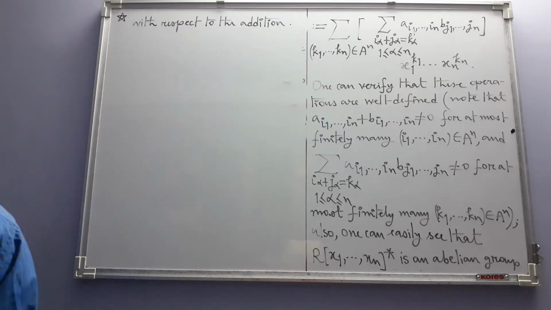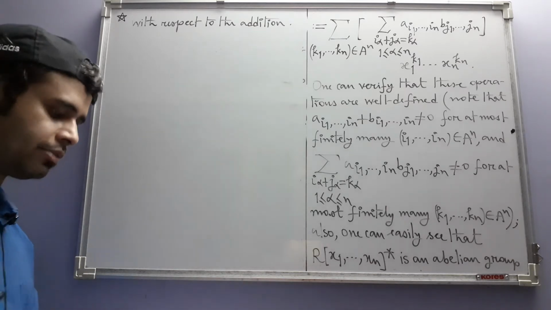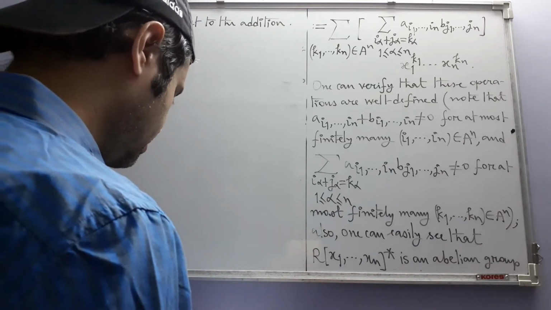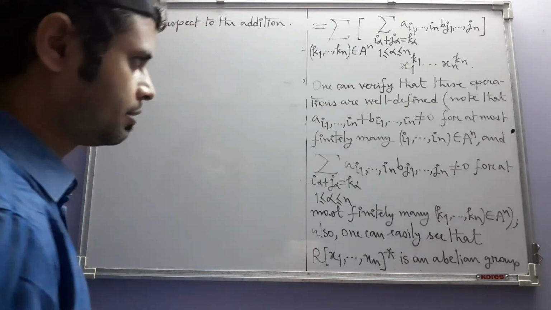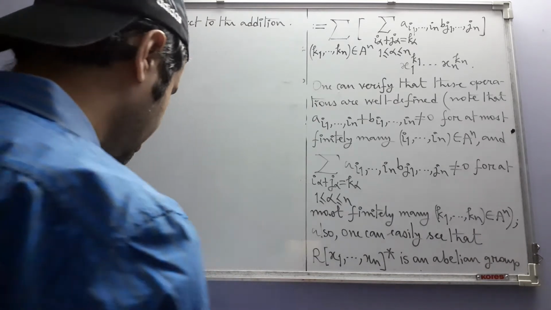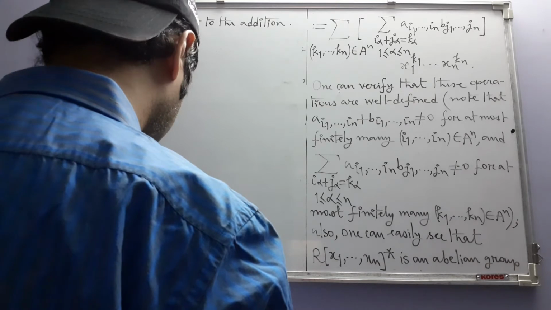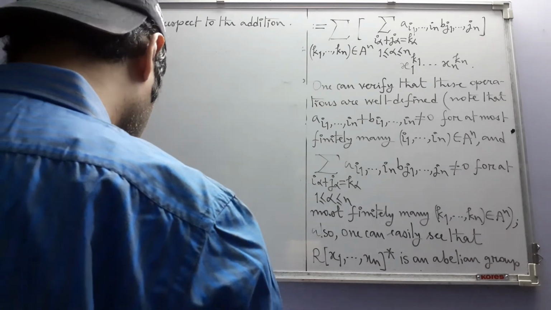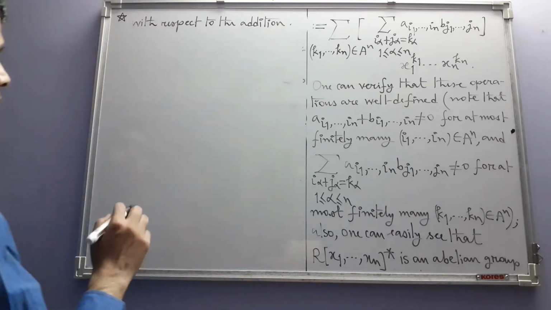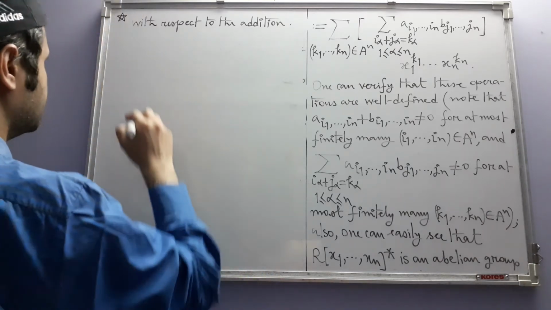For that, we have to actually verify the distributive law and the associative law for multiplication, unfortunately, but it has to be done. So for that, we consider three elements.